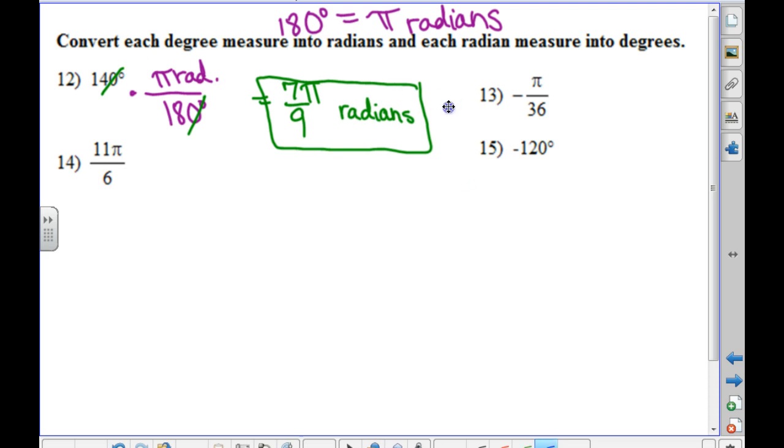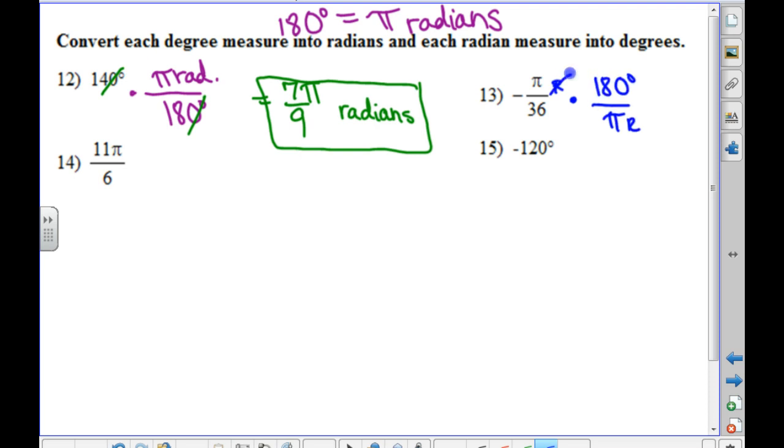Number 13 is in what right now? Is this degrees or radians? Okay, it's radians. There is no little symbol there, but it is in radians. So what do I need to cancel so that the radians will cancel? The 180 or the pi on the bottom? Okay, pi radians down here is 180 degrees.